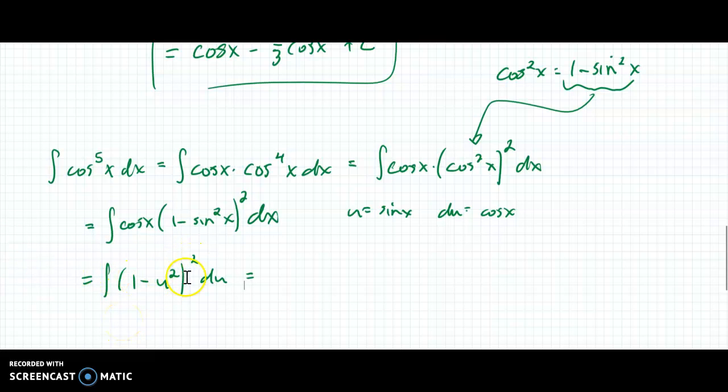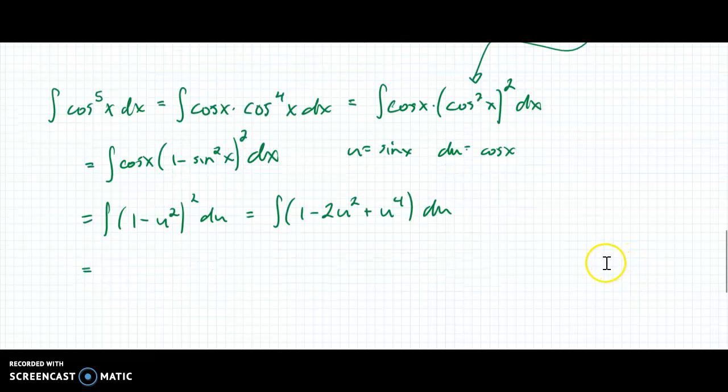When I FOIL out this guy right here, I get the integral of 1 minus, there are 2u squareds, and then I get a double negative, u to the 4th du. And then that integrates to u minus 2/3 u cubed plus 1/5 u to the 5th plus a constant.